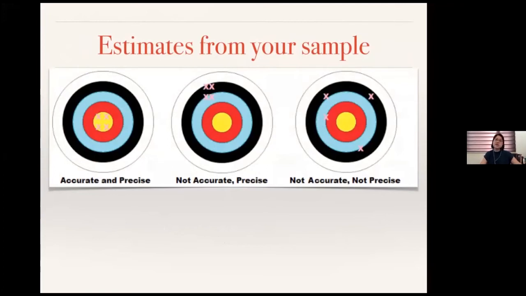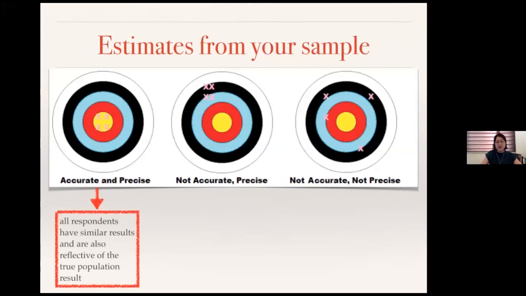So let's look at the leftmost dartboard first. Let's say your true population estimate is yellow. If you look at the pink X's, all 4 pink X's are in the yellow. So this is accurate because all the pink X's are in the area of the true estimate. And if you look at the distance from one pink X to another, it's very close to each other. So they're precise.